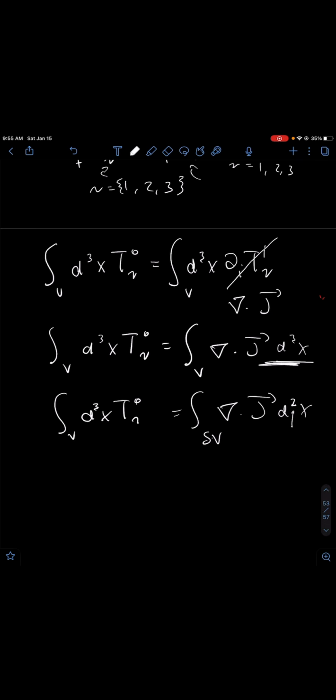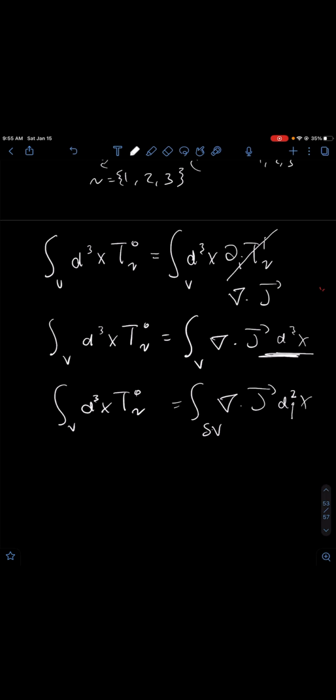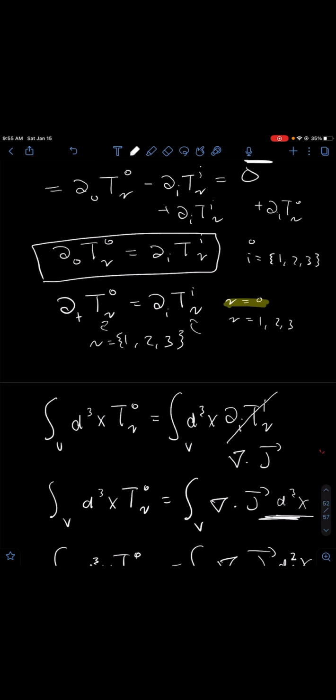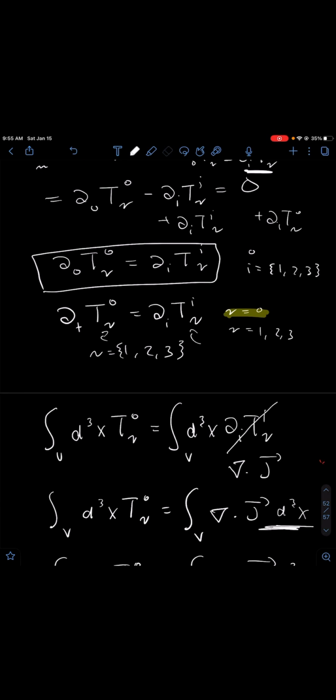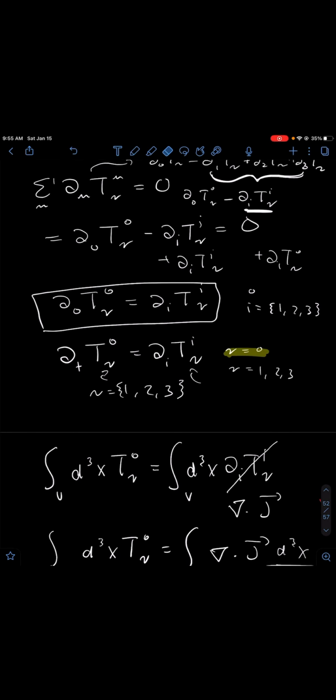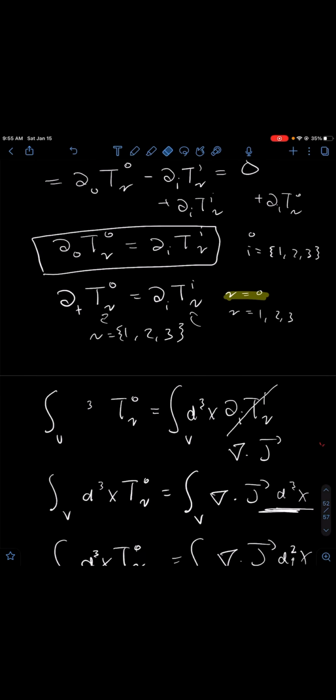So we have this. All right, and also, oops, I forgot to include the partial naught term. My bad. Remember, there's a partial naught term, so we have to include that as well.